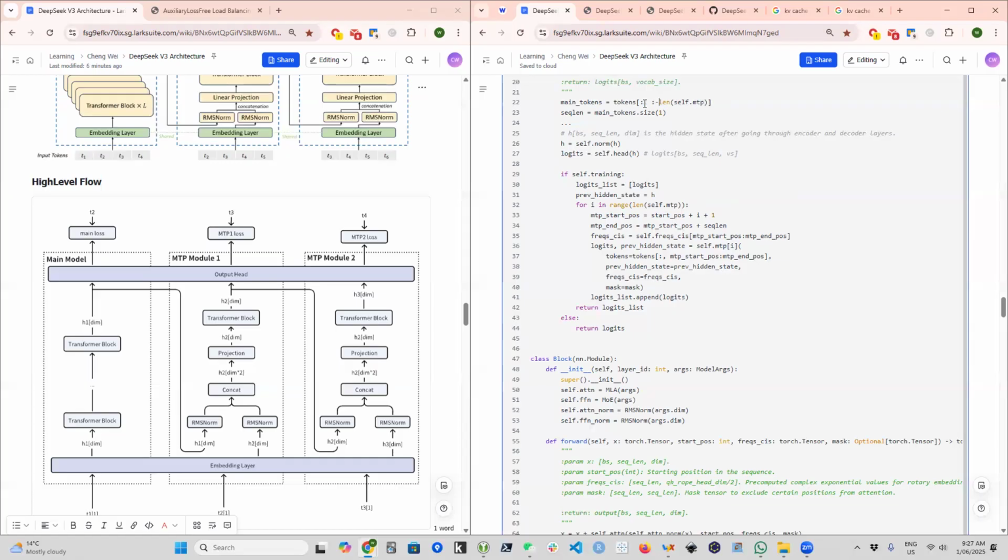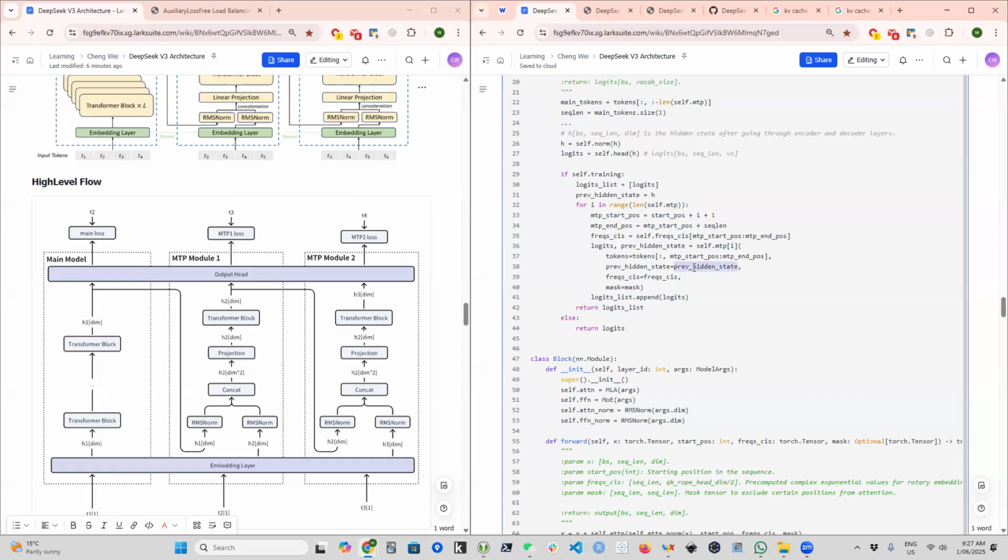You see here, the main token will not reach the end; it reaches the end minus the number of multi-token predictions. It's already considered. So this will have the T2 token forward for the first multi-token module 1, right?